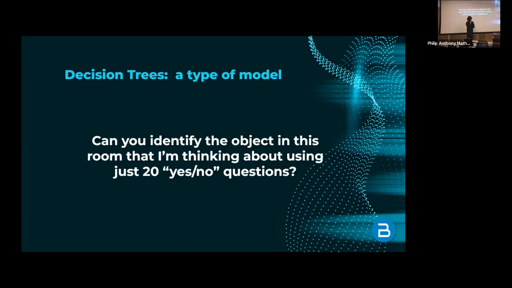Is it small? Yes. 5 questions left. Does it run on battery? No. Is it a backpack?